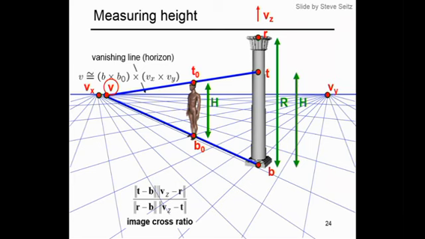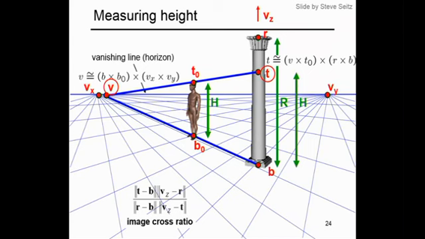If you cross that with Vx and Vy, it gives you that intersection point V. To find T, it's the intersection of the line from V through T naught with the line through B and R. So you do V cross T naught cross B cross R.